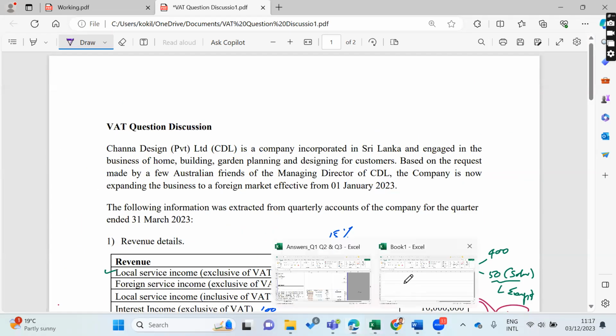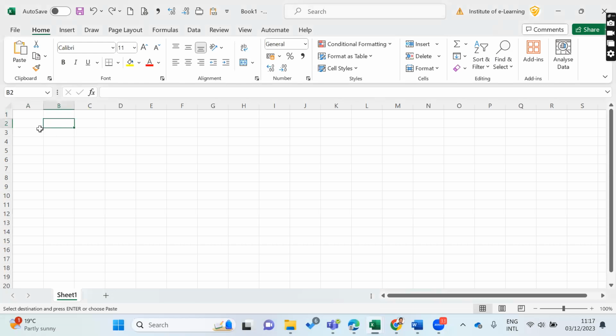Now we'll move to the calculation part, right? Here I will take the amount as given in the financial statement.